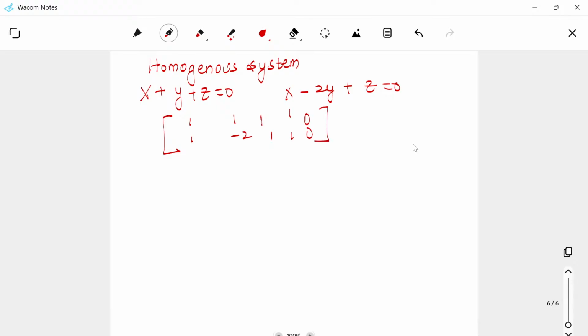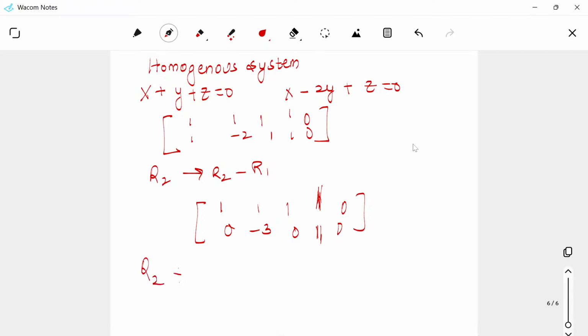So R2 will be equal to R2 minus R1. This is [1 1 1 0; 0 minus 3 0 0]. R2 divided by negative 3, you get [0 1 0 0].